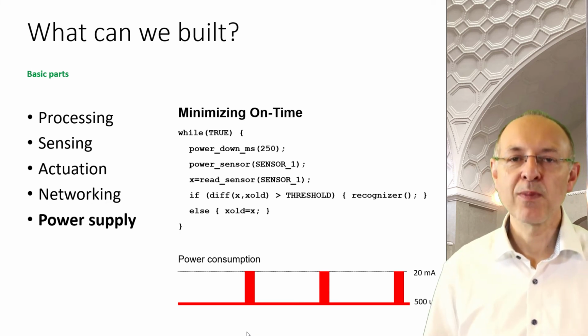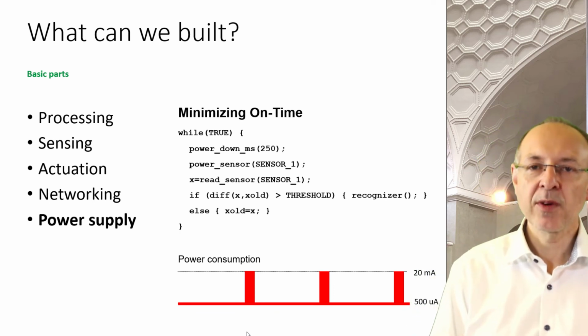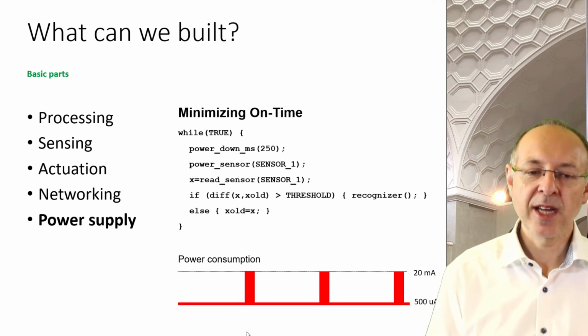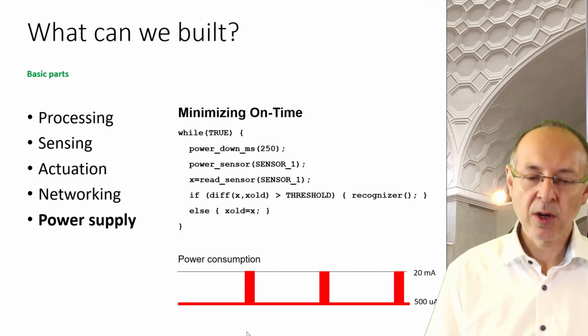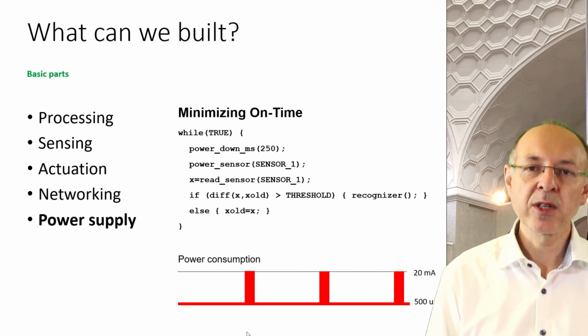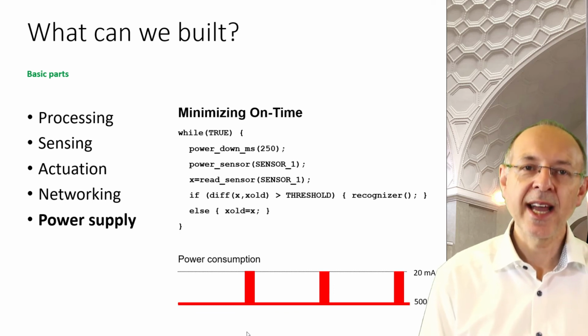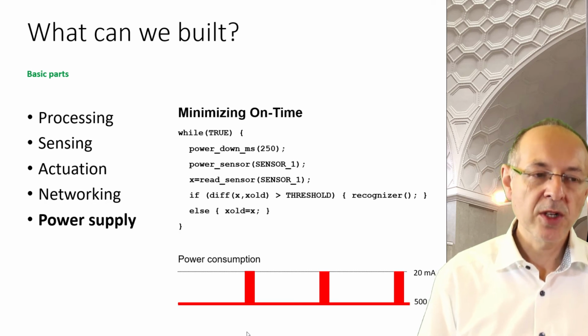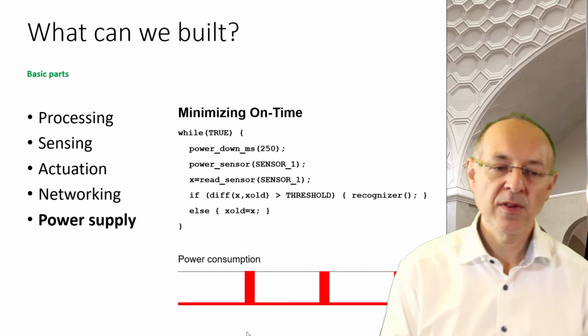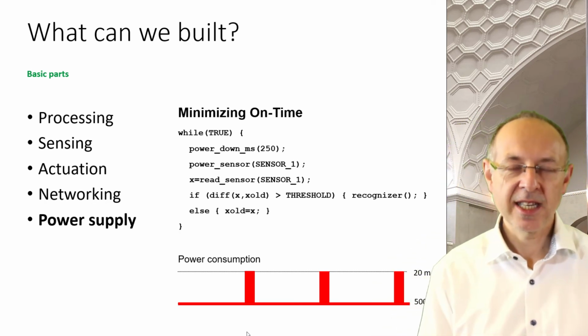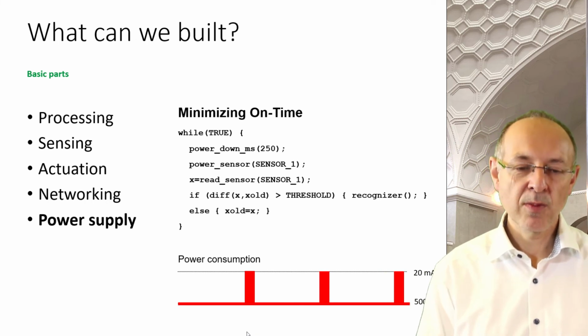So you have time. You could let it sleep 150 milliseconds, test for 10 milliseconds whether it's moved, and then go to sleep. So you will massively reduce the energy. And this usually gets us to a point that we can run 1, 2, or 3 week experiments with simple batteries. Again, don't overdo this, otherwise you may end up in a company.